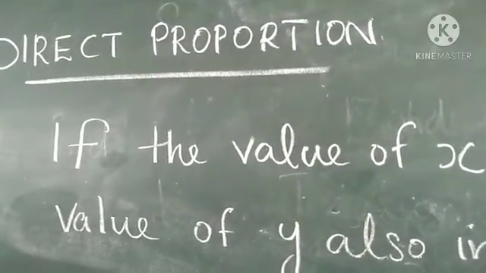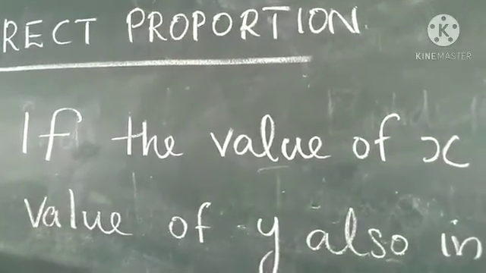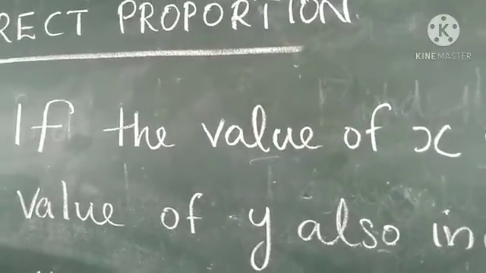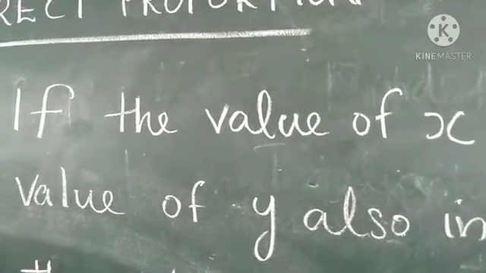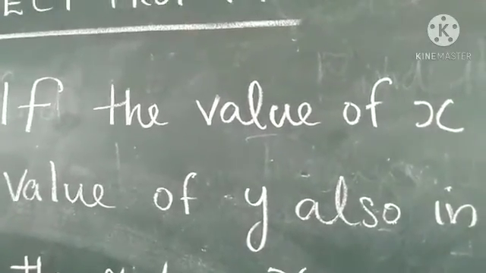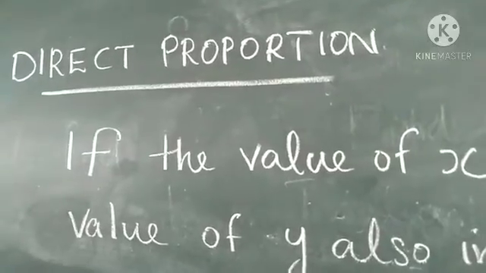What do you mean by direct proportion? If the value of the first quantity increases, the value of the second quantity also increases. If the value of the first quantity decreases, the value of the second quantity also decreases. That is direct proportion. Understood?